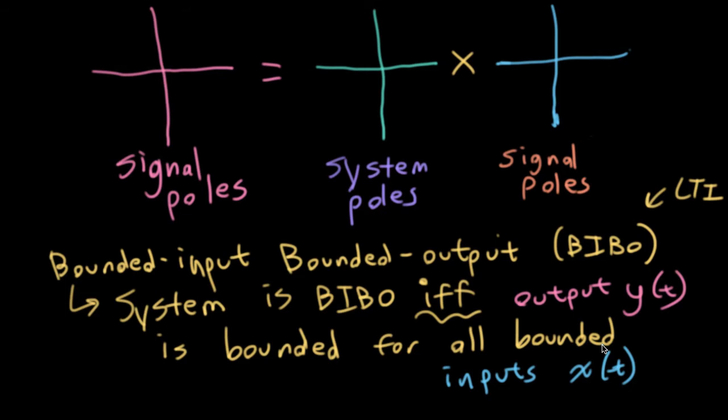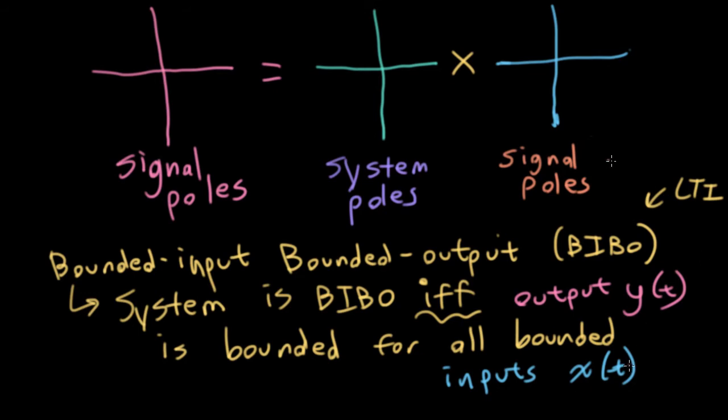No matter what that bounded input is, I will give you a bounded output. If you give it a bounded input and it gives you an unbounded output, either the system was honest with you to begin with and did not claim to be a BIBO system, or it's lying to you if it did claim to be a BIBO system. If it claimed to be a BIBO system and you gave it a bounded input and it gave you an unbounded output, then you can complain at it because it was not being truthful.